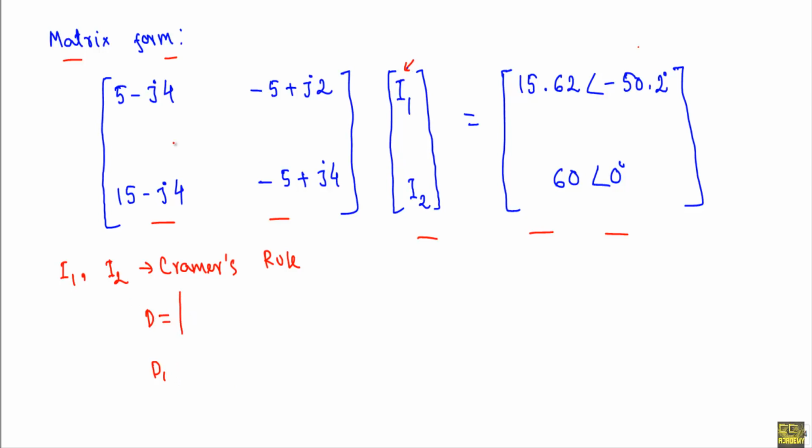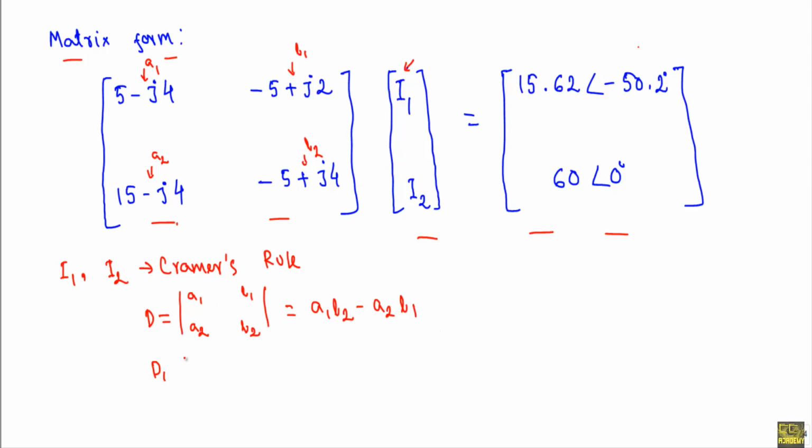We will take the coefficients of I1, let's say I denote that with A1 and A2 in one column. In another column I will take the coefficients of I2, let's say I am denoting that with B1 and B2. If I cross multiply this, I will get A1 B2 minus A2 B1.